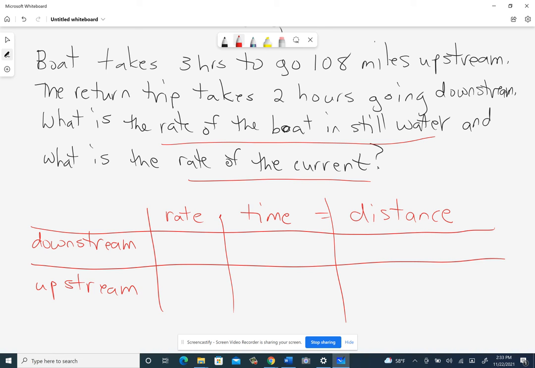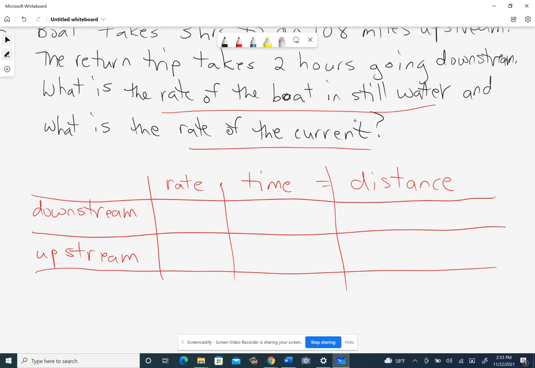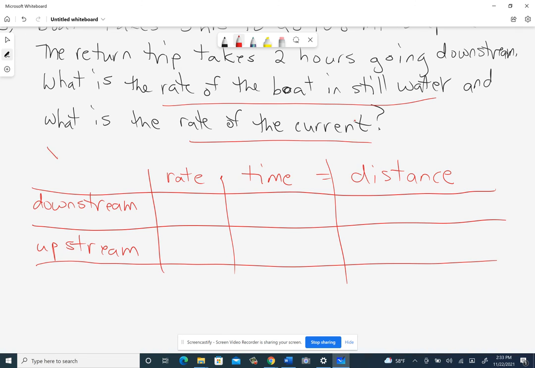You want to think a little bit about it. You want to think about it this way. We're going to let X be the rate in still water. Wish I had left a little room right here, but I'll squeeze it in. X is the rate of boat in still water.